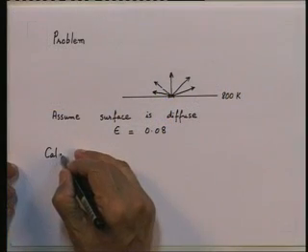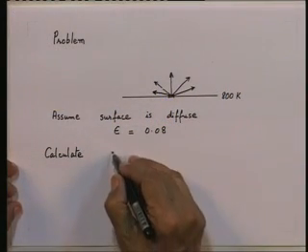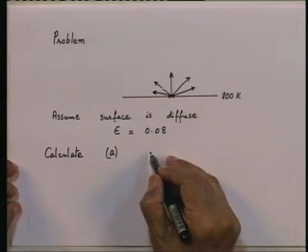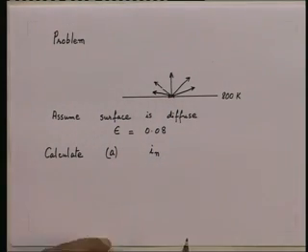Calculate, first of all, A, the value of I n, the intensity in the normal direction.